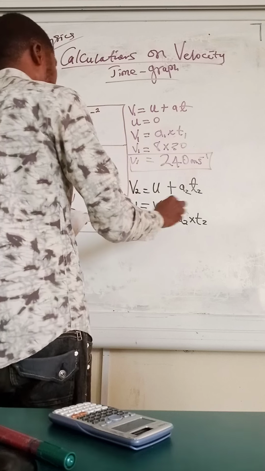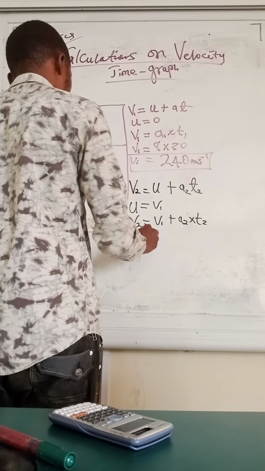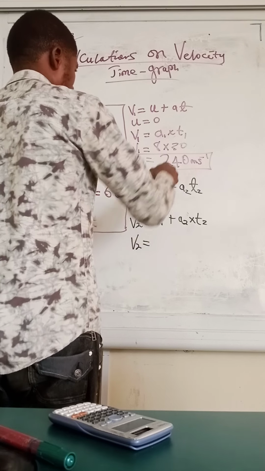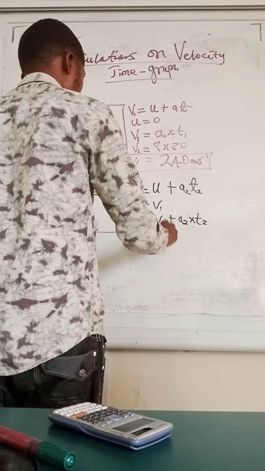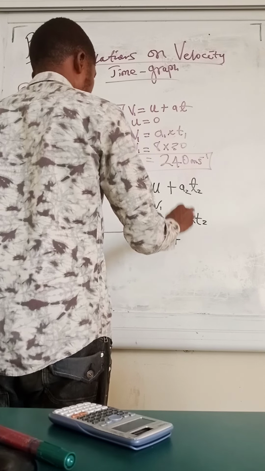Now, if we substitute, we arrive at this. V2 is equal to 240 plus A2 times T2.